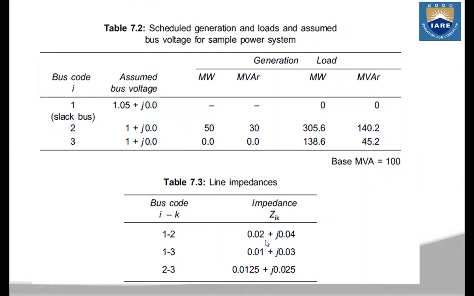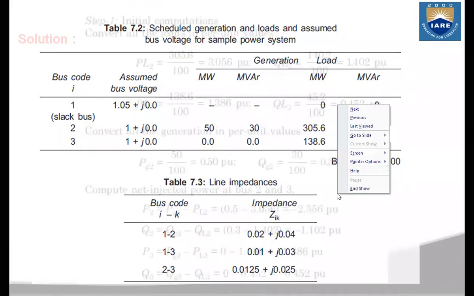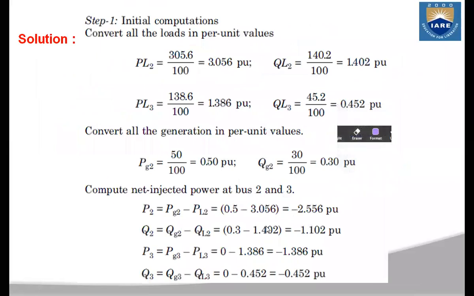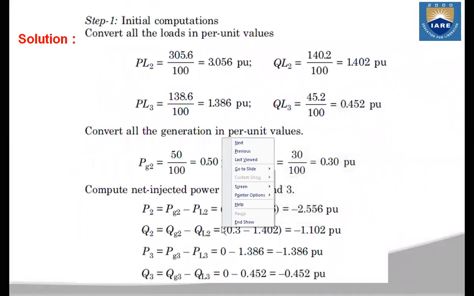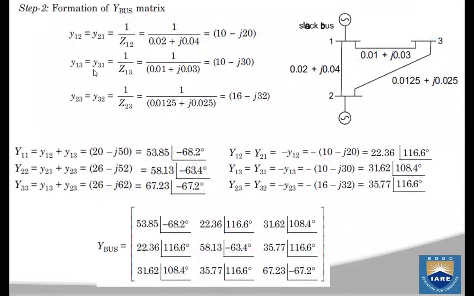Okay, so Y-bus is the admittance matrix. So you have to convert all these impedances into admittances first. Okay, so now here we are converting all the impedances into admittances, right?